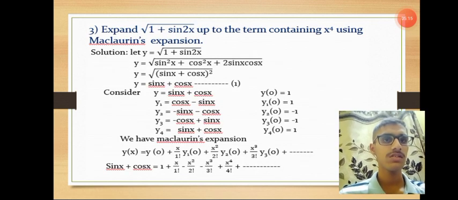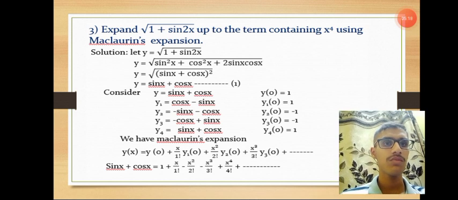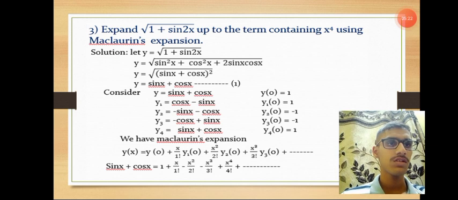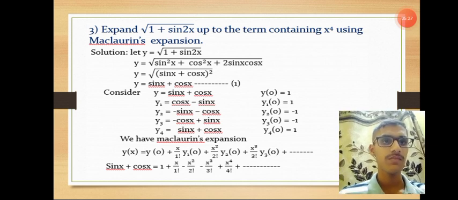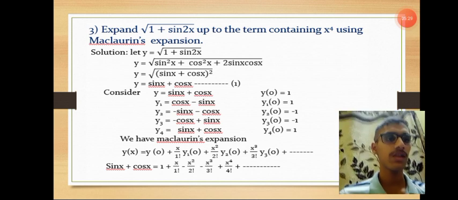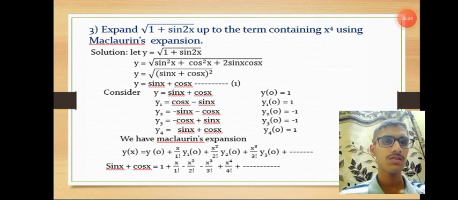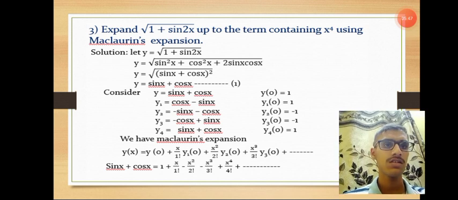The next question is, expand root of 1 plus sine 2x up to the term containing x to the power 4 using Maclaurin series expansion. Here we have to find four derivatives, up to fourth order derivatives. So first consider y equals root of 1 plus sine 2x. 1 can be written as sine square x plus cos square x by trigonometric identities.